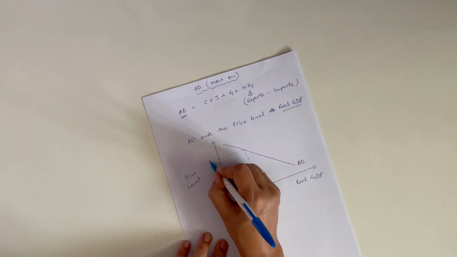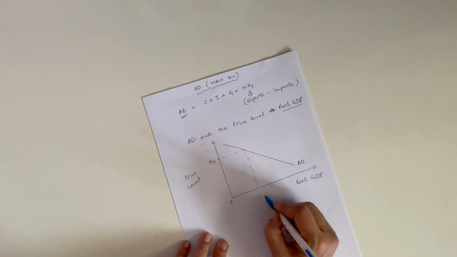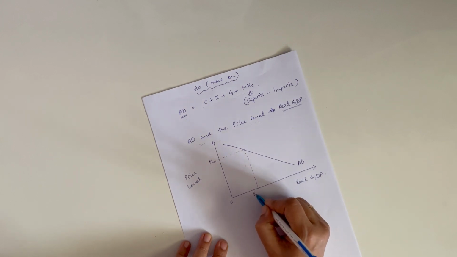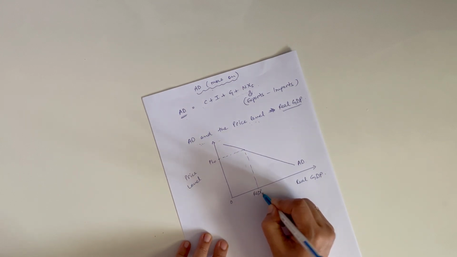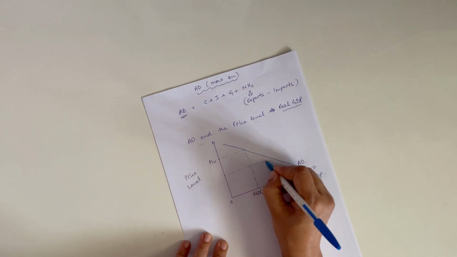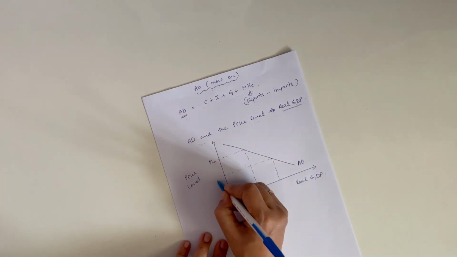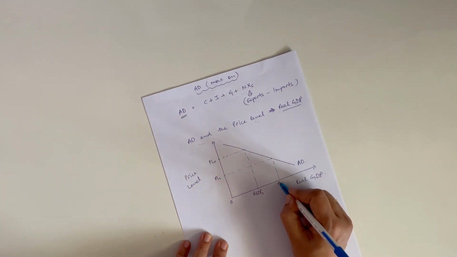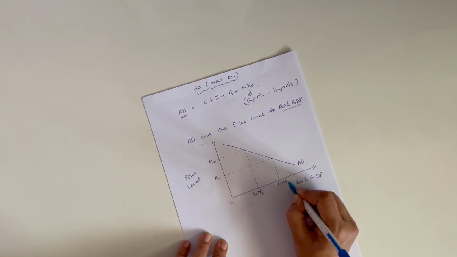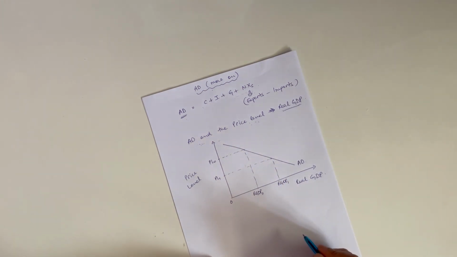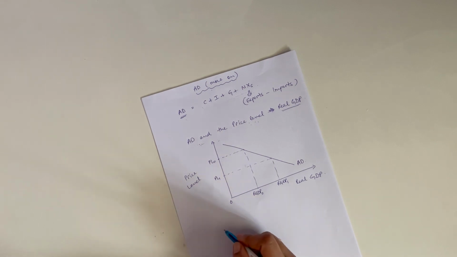So this is PL0 and this is your RGDP0, and this is my PL1 and RGDP1, okay?